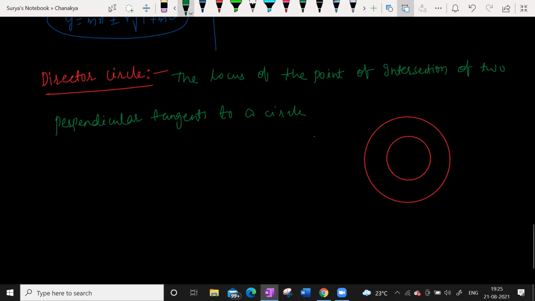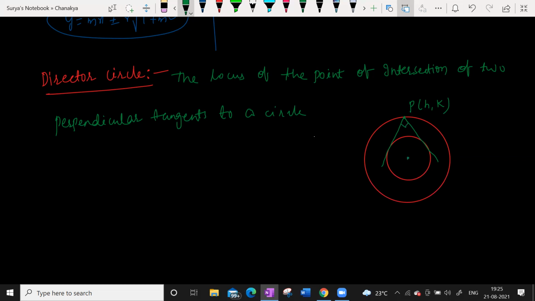Look at this. If I just draw from this point, if I'm taking this point, take any point, any x comma y or h comma k point, okay? If I just draw two tangents here, here, आया, this is perpendicular now.